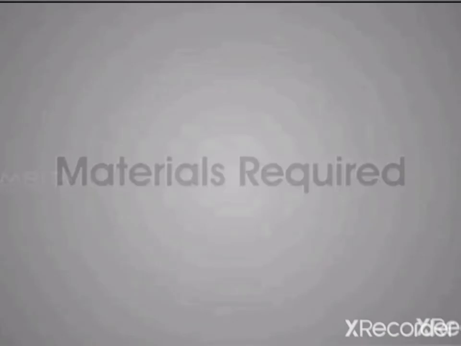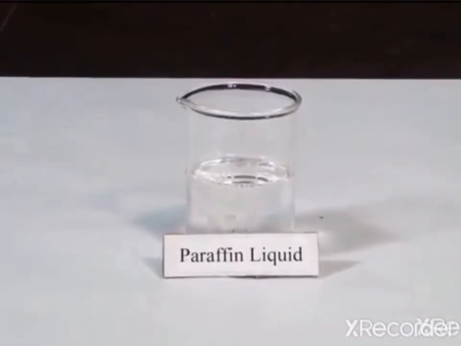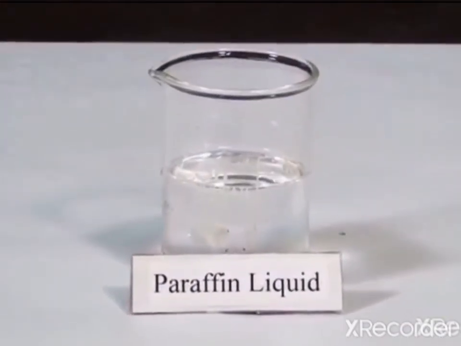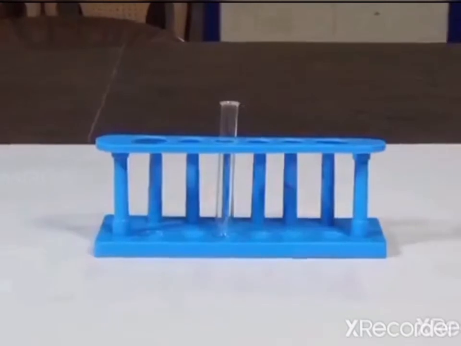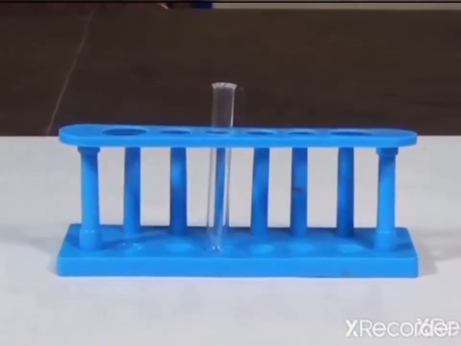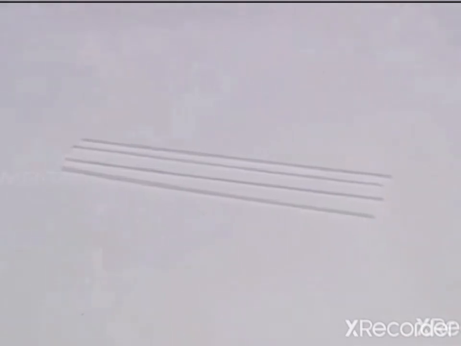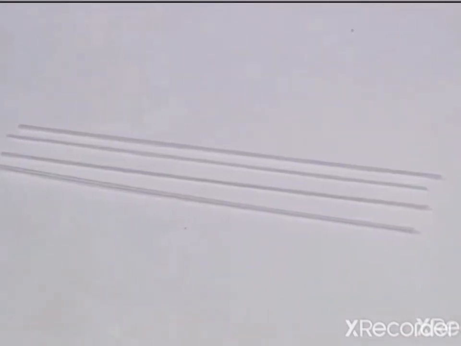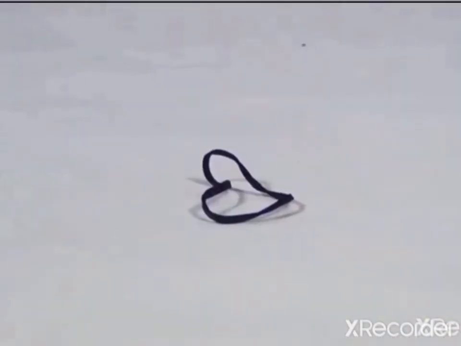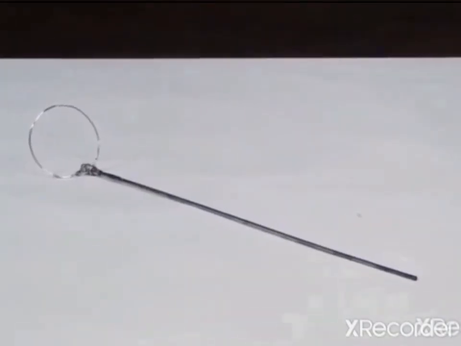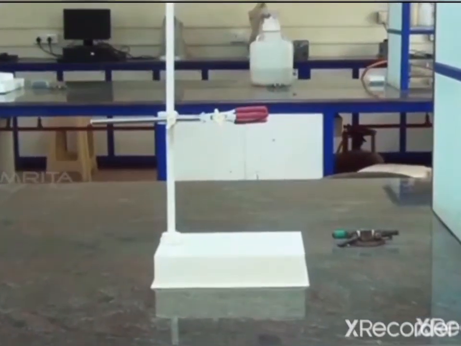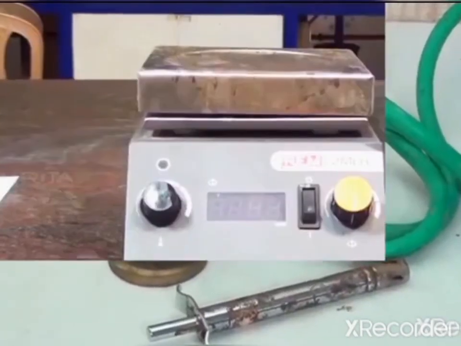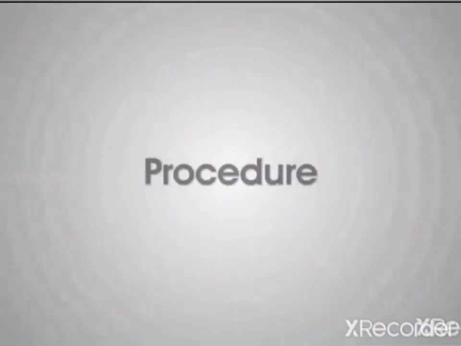Materials required are paraffin liquid or water in a beaker, toluene, test tubes, thermometer, capillary tubes, dropper, rubber band, stirrer, stand, Bunsen burner or hot plate.